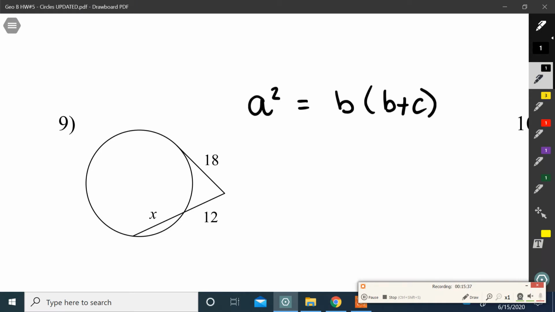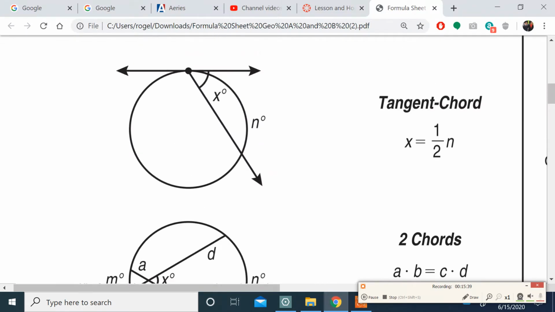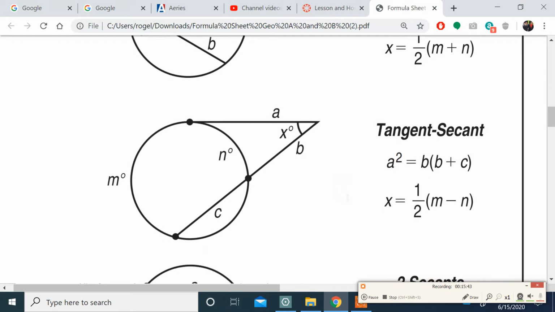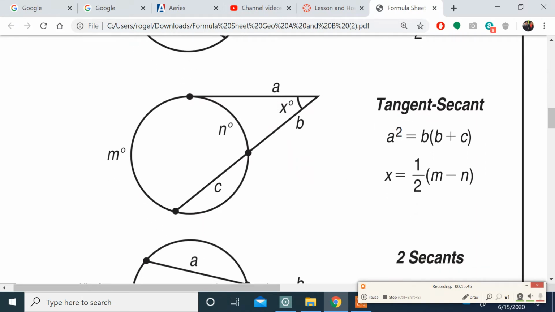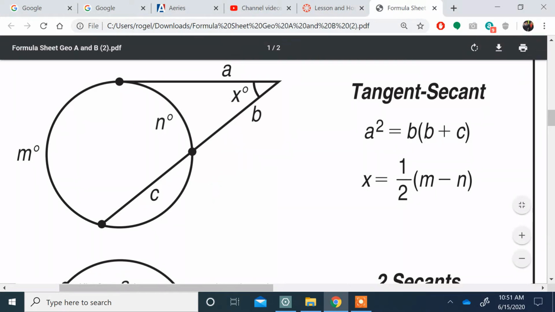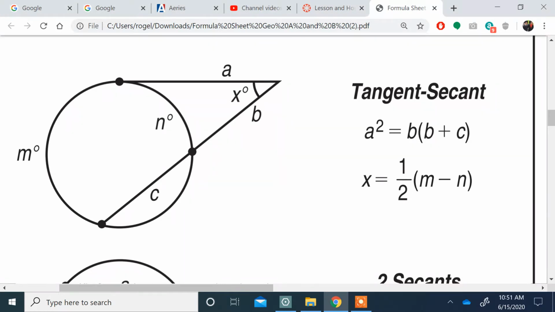So when I look at this problem, I want to look for the one that looks like that. I can see that this one looks very similar to that, and that's why I'm using this formula right here. That is the formula that I'm going to be using in this problem: a squared is equal to b, parenthesis, b plus c.